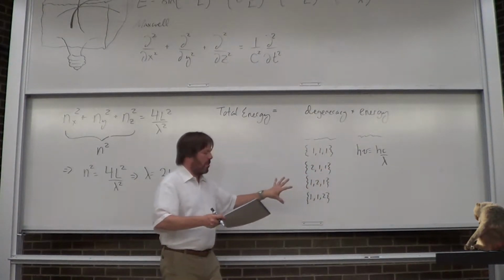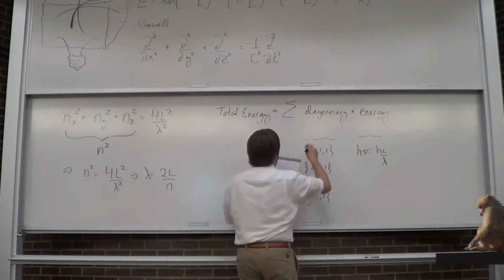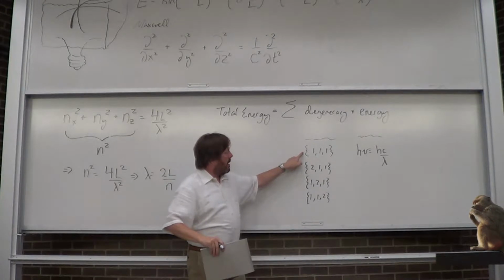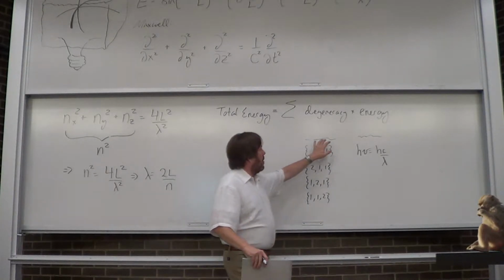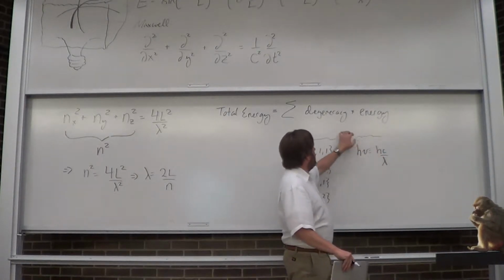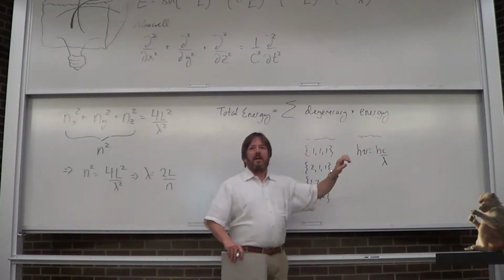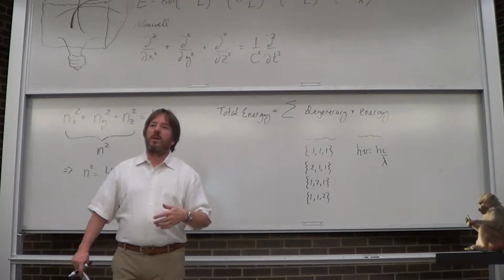So it looks like we're doing pretty well. But don't forget, I've got to remember to sum up all the different modes. So 1, 1, 1, that's the energy here, but then I've got to do the 2, 1, 1, that's 3 times that energy, and on and on. Now there's a 2, 2, 1, and then a 2, 2, 2, and a 3, 1, 1.